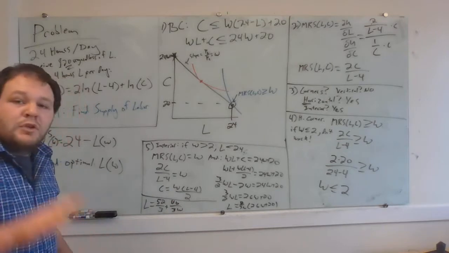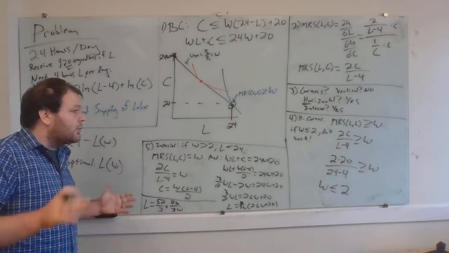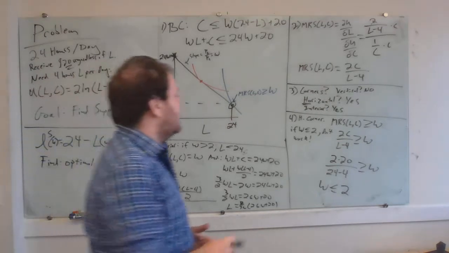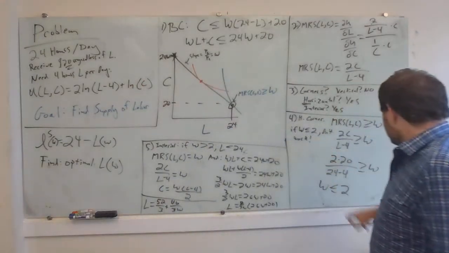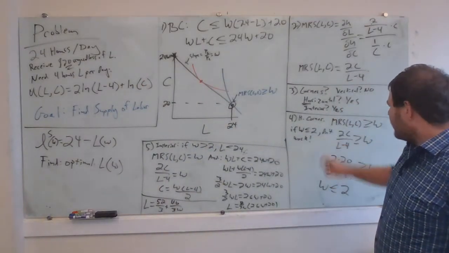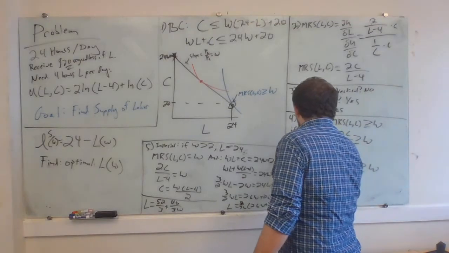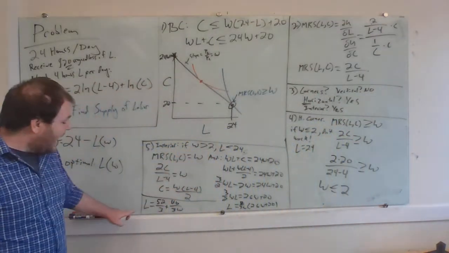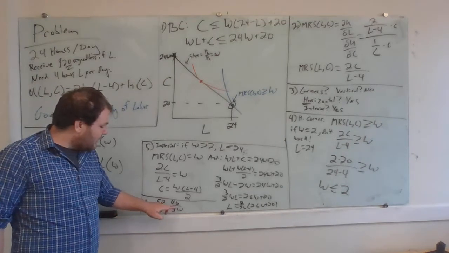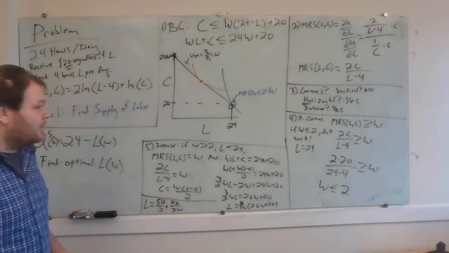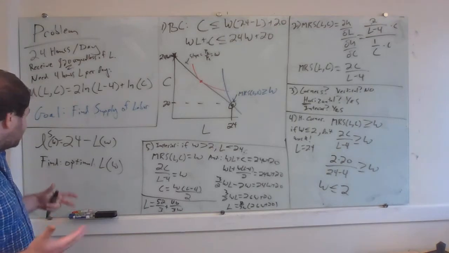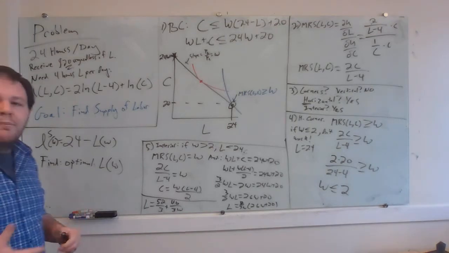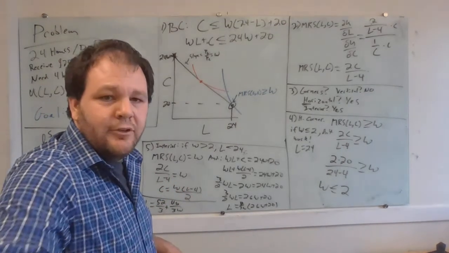Okay, great. So at this point, we've done all of the work. We've found our answer. So we've said that if W is less than or equal to 2, L is going to equal 24. If W is greater than 2, L is going to equal 52 over 3 plus 40 divided by 3W. So I'm going to take all of this together and mush it together into a single piecewise function.